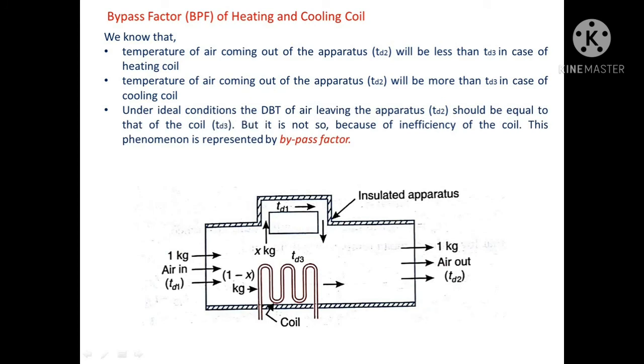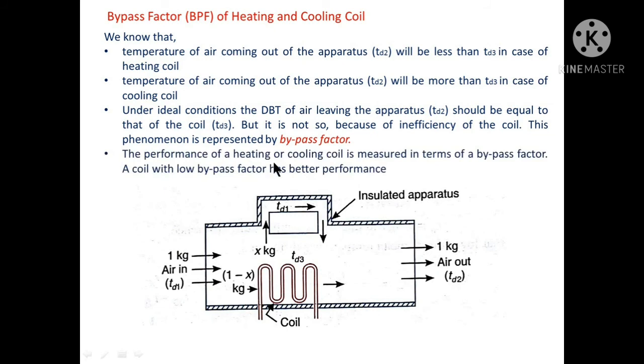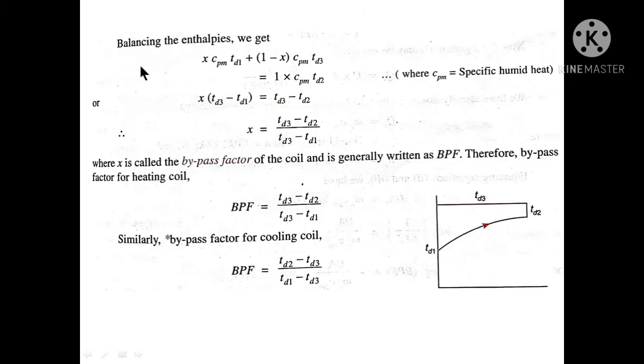This phenomenon is represented by the bypass factor. A coil with a low bypass factor has better performance. So the bypass factor gives how much air gets bypassed without coming in direct contact with the coil, which measures the effectiveness of the heating or cooling coil.